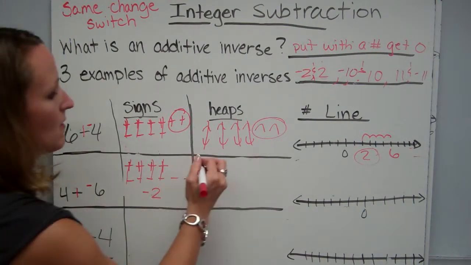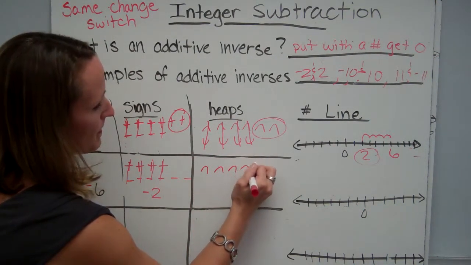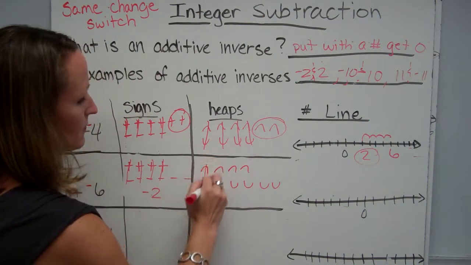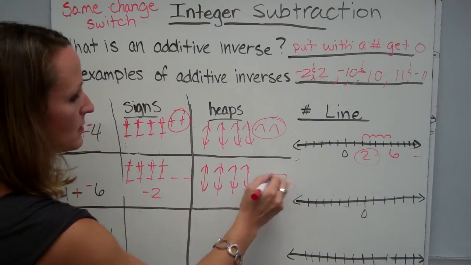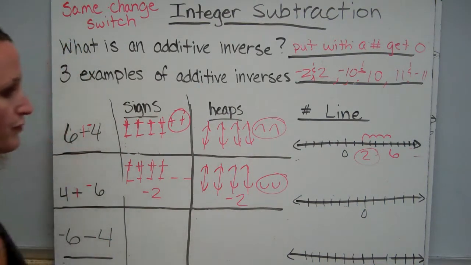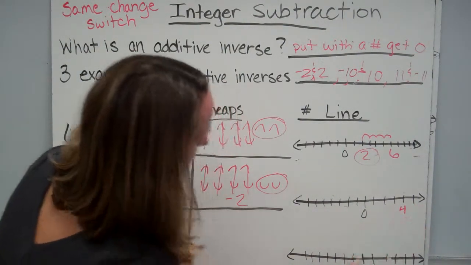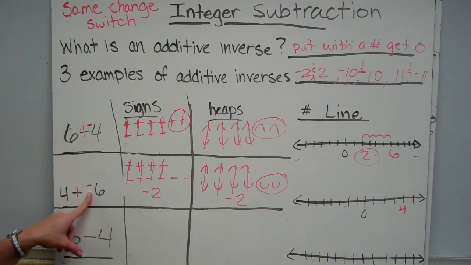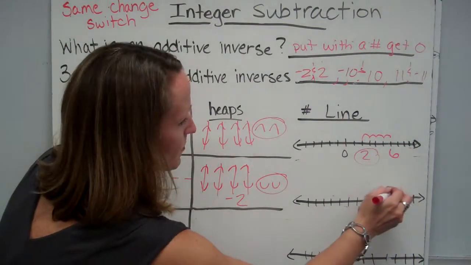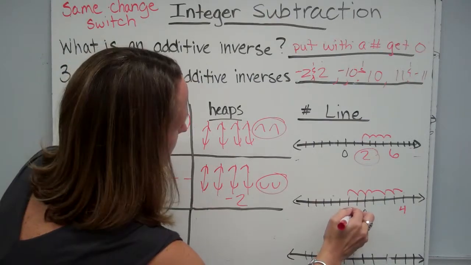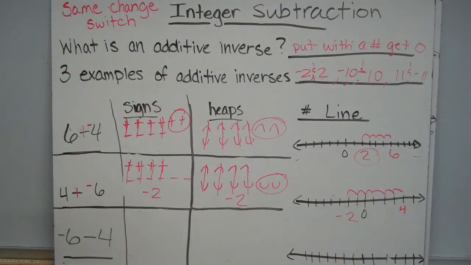Heaps and holes. 4 heaps, 6 holes. Fill up all those holes, -2. Start over here, 1, 2, 3, 4. Go 6 in the negative direction. 1, 2, 3, 4, 5, 6. Guess where I am? -2.